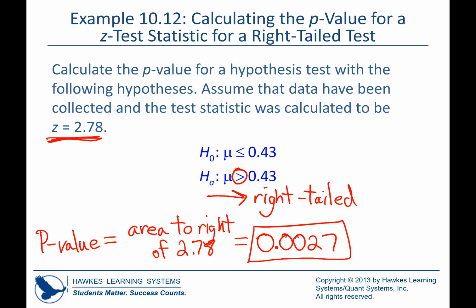What about the null hypothesis being like that? In Hawks, if these are our hypotheses, this is the way we talked about doing them last time. We would come up with this one, and then the way I told you was to use the opposite sign for the null. They're not doing that anymore.